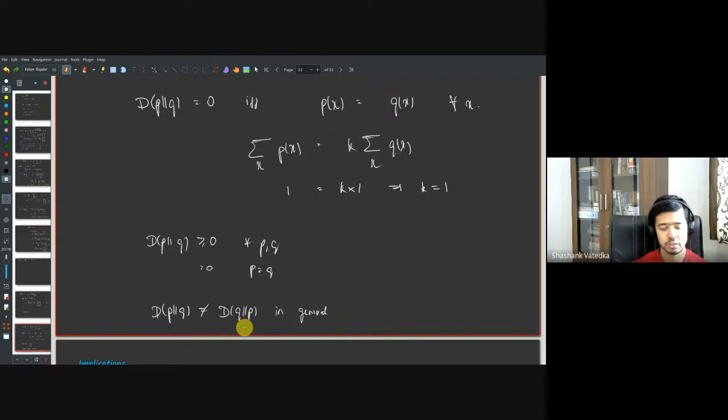The distance between point A and point B is the same as the distance from point B to point A. So this is not symmetric. That is why this is not called the KL distance, it is called the KL divergence. It is not a true distance. Okay. Any questions?